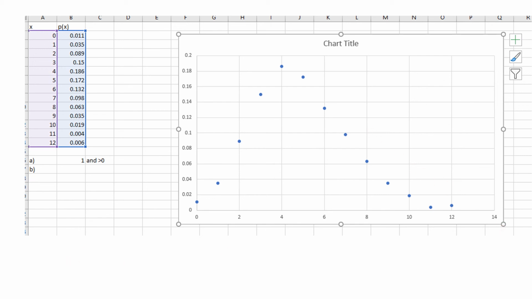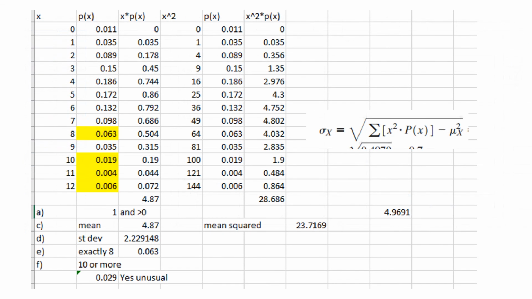I can tell from the picture. Part C asked for the mean, so I take these numbers and these numbers, multiply them together to get this column, and then add them up, and that is the mean. So that is 4.87.